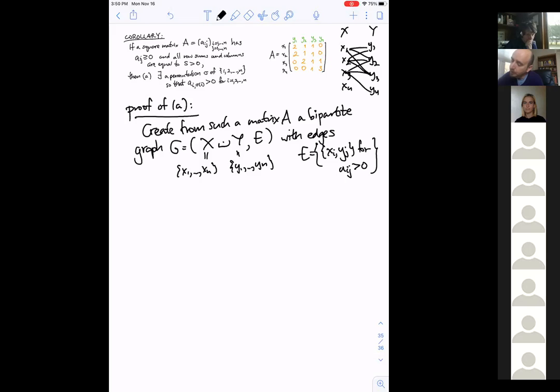And X4 is connected to the last two. So it's not a regular graph. It's no longer true that all the vertices have the same degree. This is not one where our previous corollary applies. But somehow I'm going to use this matrix that has the row sums all being 4 and the column sums all being 4. I'll show you that it still has Hall applicable to it. The Hall condition is satisfied.